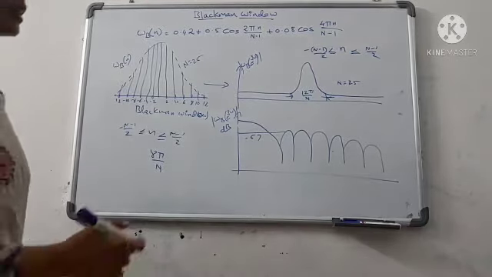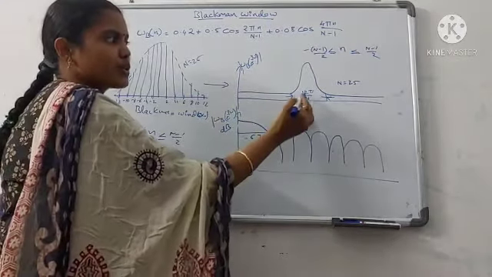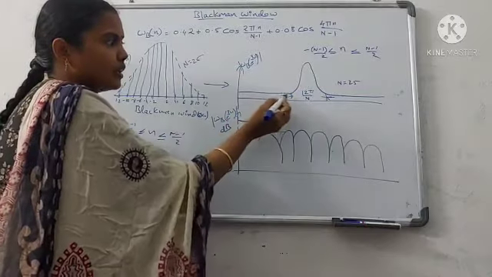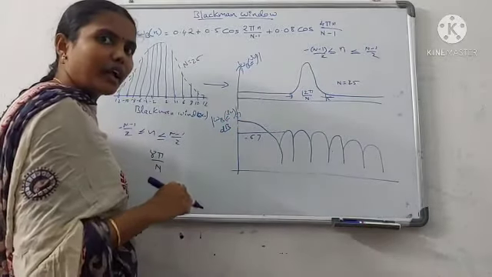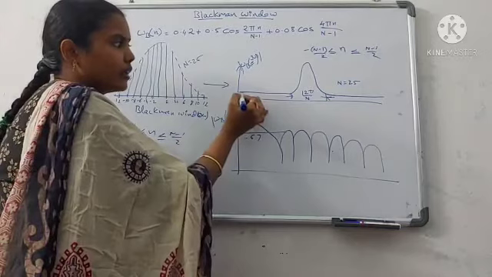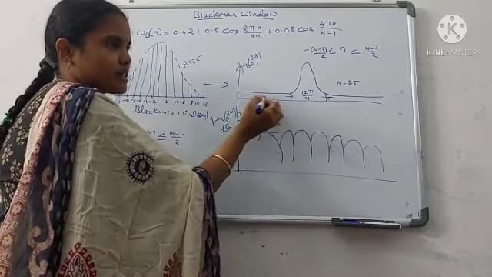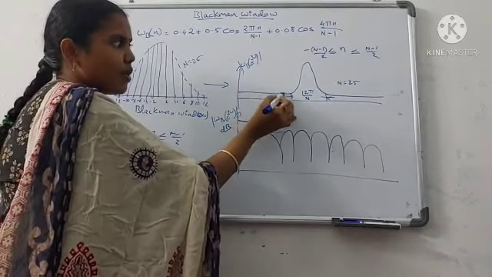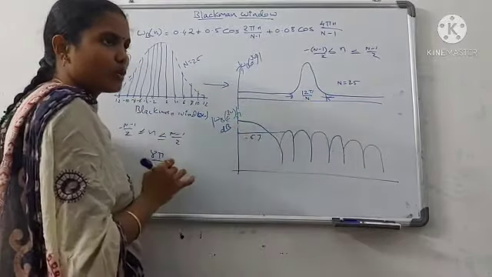Here the main lobe width is increased to 12 pi by N, whereas for the Hamming window it is 8 pi by N. Compared to the Hamming windows, there are fewer oscillations, that means there are no oscillations in the passband and stop band.